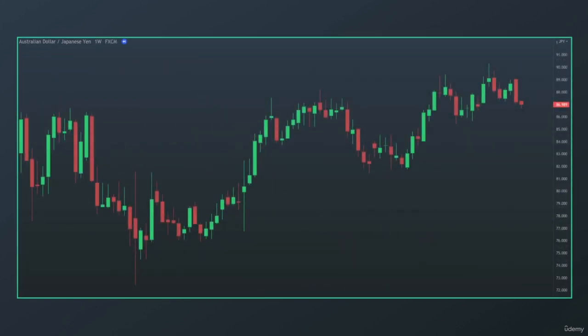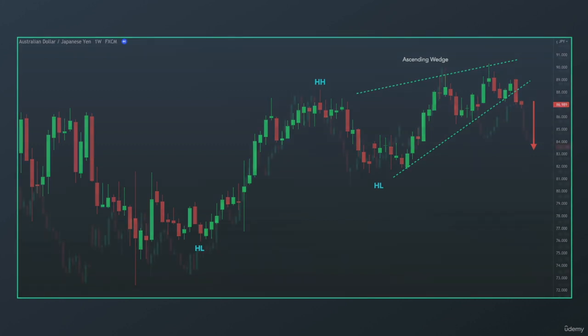Looking at the weekly time frame, price is coming from an uptrending move. We have higher high, higher low, higher high, higher low, and then price formed an ascending wedge. We already have our confirmation here. Price breaks down. So our bias for the weekly time frame is bearish.